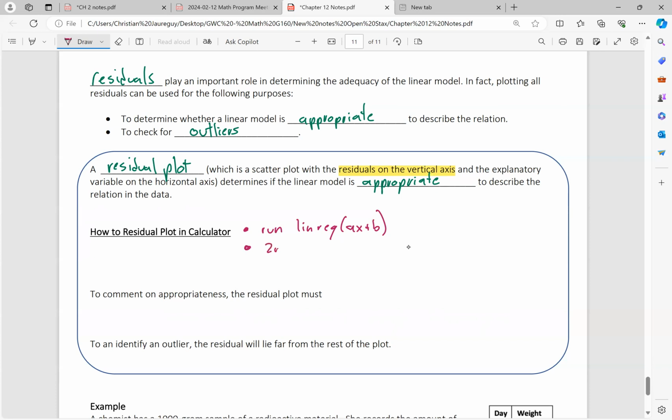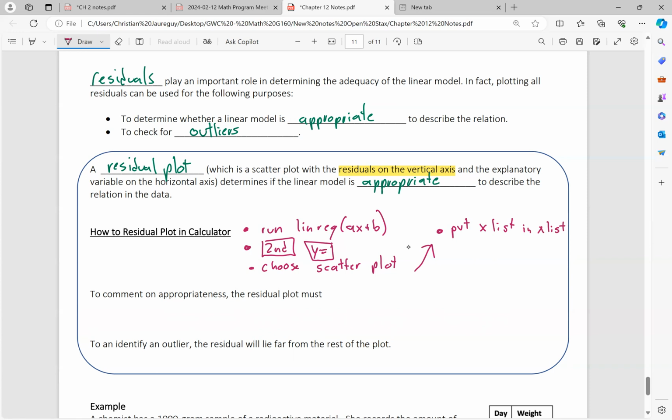Then we're going to go second, Y equals, and then choose scatter plot. Running out of space, so I'm going to go here now for the steps. Choose scatter plot. Put xlist in Xlist.